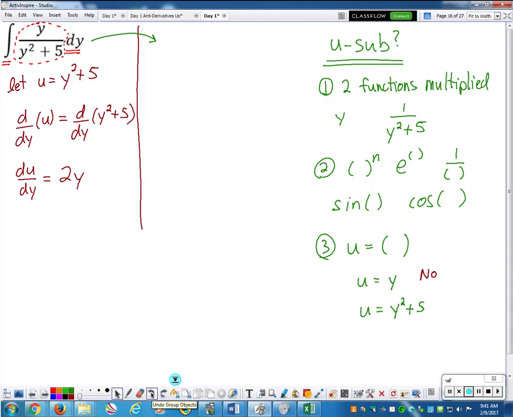So, anyway, here's what you do. Who asked the question? I forgot. There we go. Kelsey. The middle step here is this. I get du over dy, and then I would split this into two of them. You okay with that, Kelsey? Yeah. And then what's the derivative of 5 in terms of y, Kelsey?